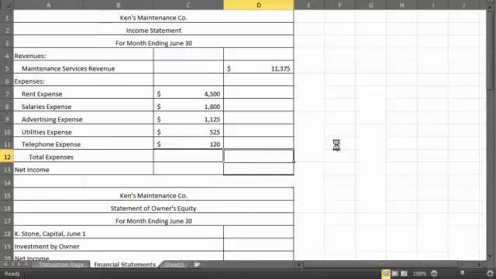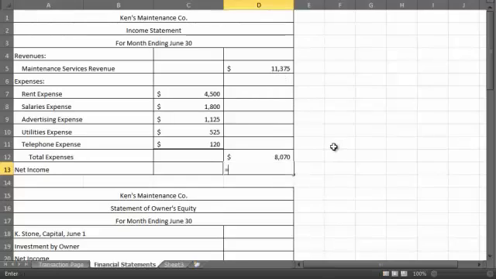So I already have the total. Now, to figure out again, in this case, the net income, and I know that because my expenses are less than my revenues, I would subtract my expenses from my revenues to arrive at that net income. So now we have completed the income statement. We have a net income of $3,305.